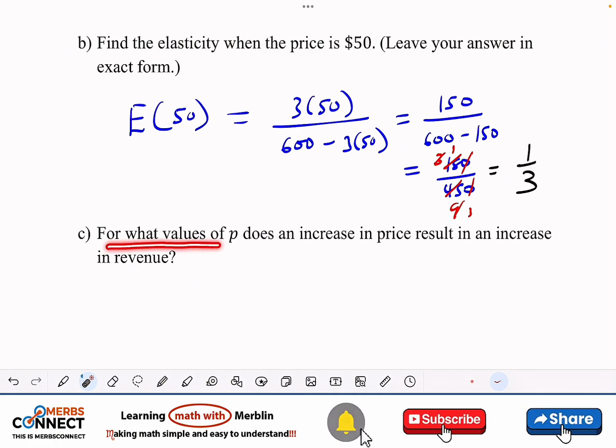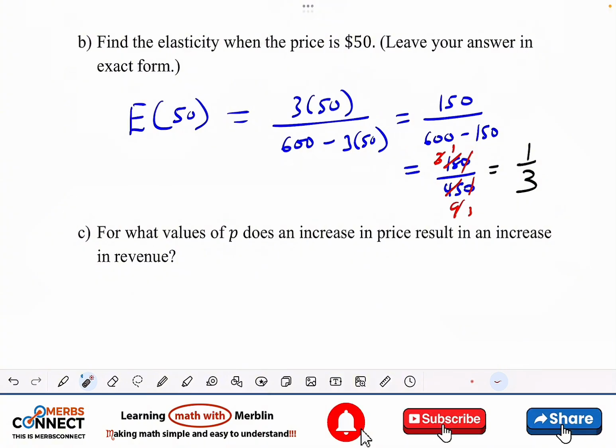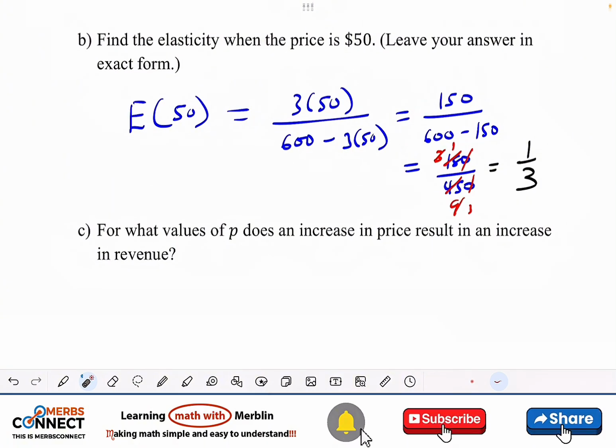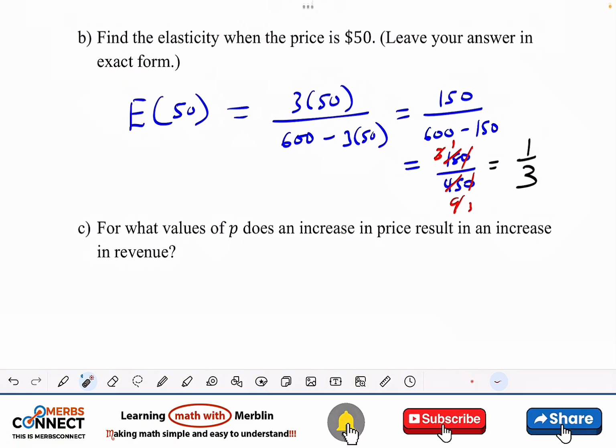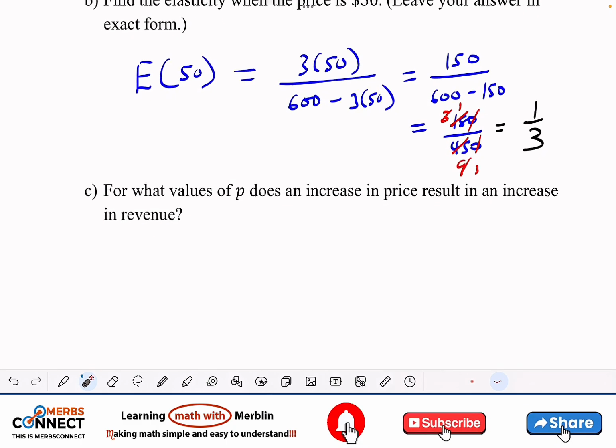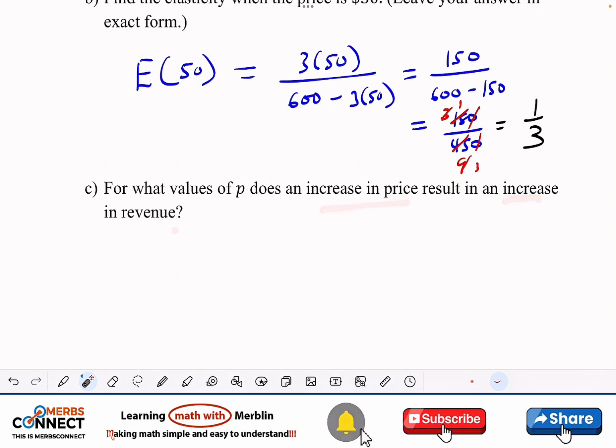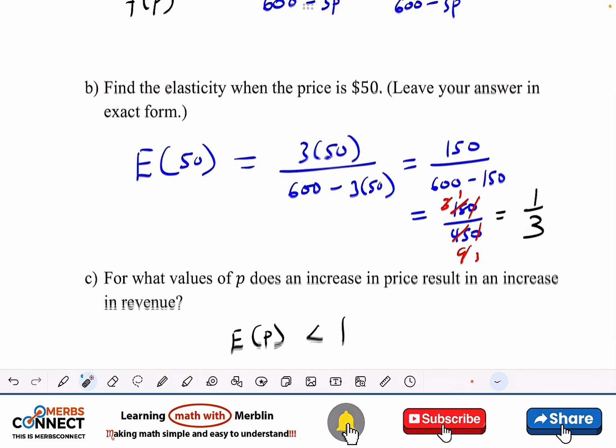For what value of P does an increase in price result in an increase in revenue? So this one is inelastic, right? Because an increase in price gives an increase in revenue. So inelastic is when E of P is less than 1. So we want to look for the values of P. We need to go and look for this.